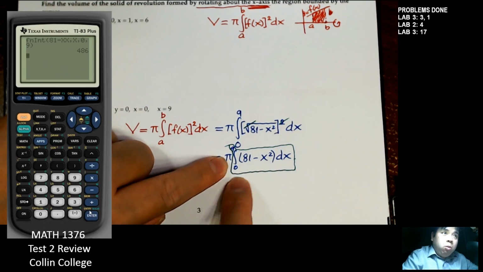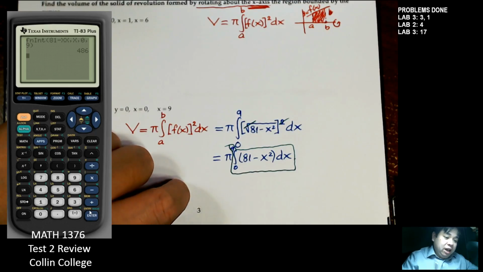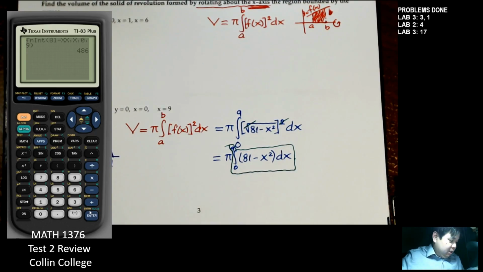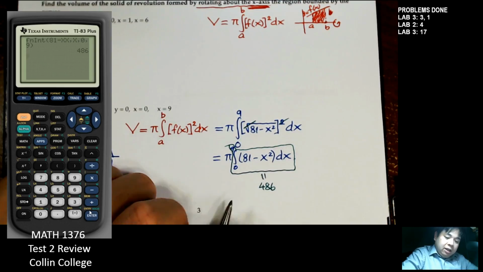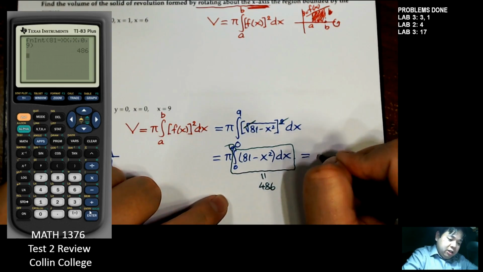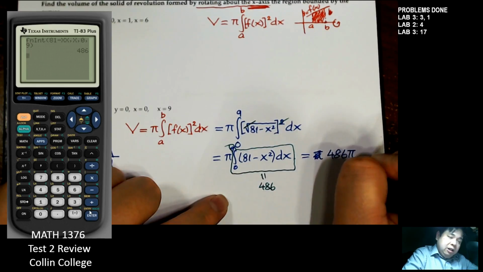Notice that we only put the part in here, not the pi. If you put the pi in it, the answer would not be anything nice and even. So that integral itself is 486, and to the answer we just stick a pi. So 486 pi.